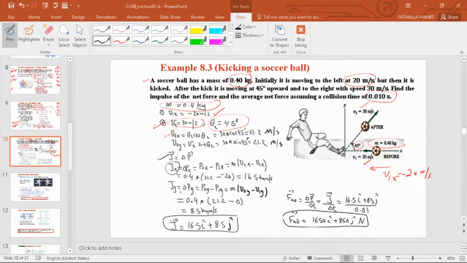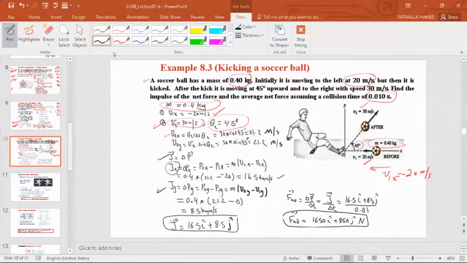The mass is 0.4. Your v2x is to the right, it's positive, which is 21.2. And v1x to the left, which is minus 20, and that gives you 16.5 kilogram meter per second. So that's the x component of your impulse.